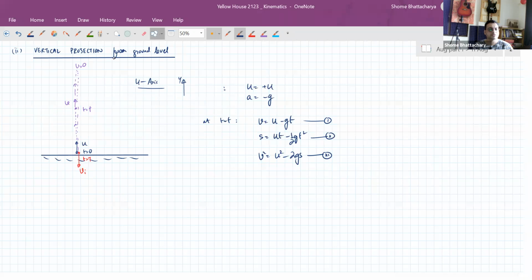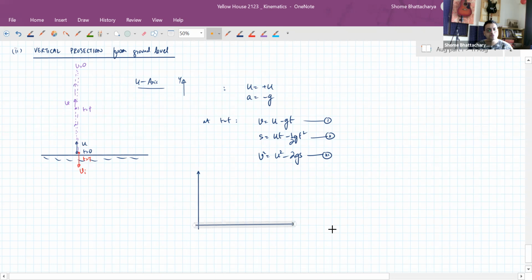From this we will see that our displacement-time graph and our velocity-time graph respectively will look like this.